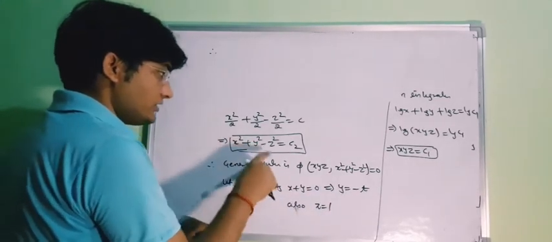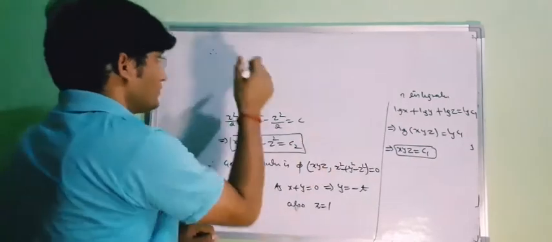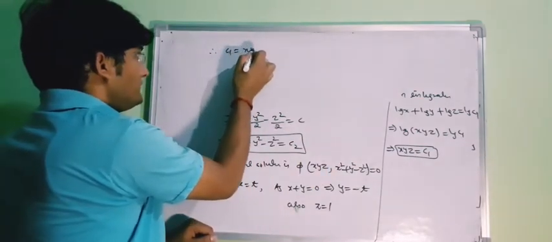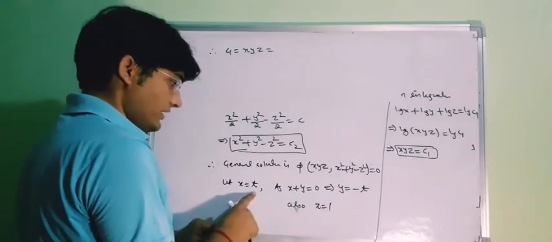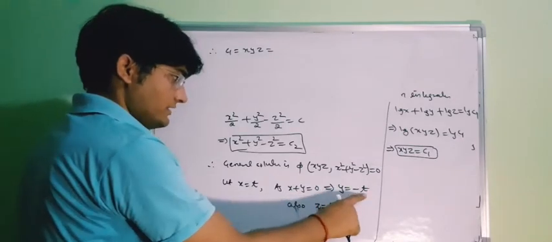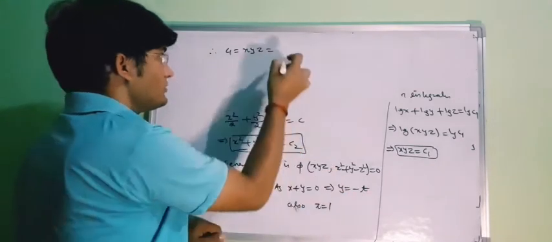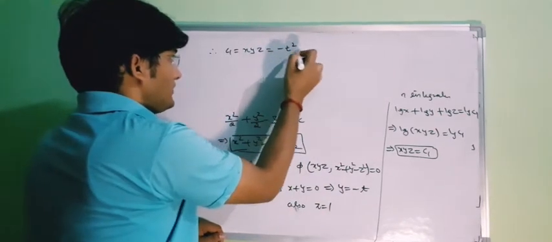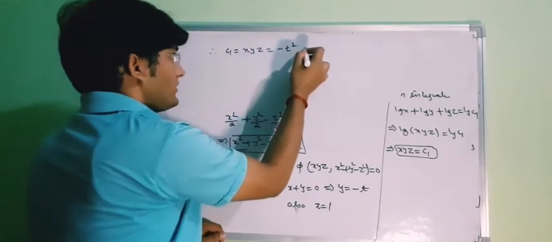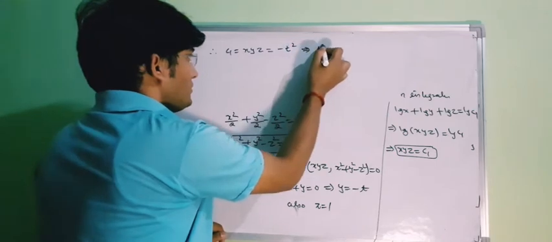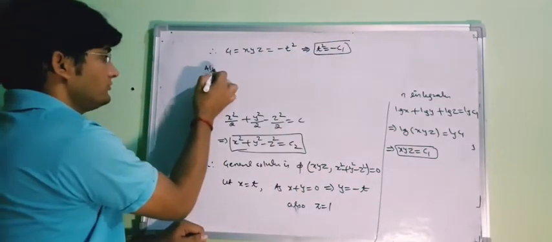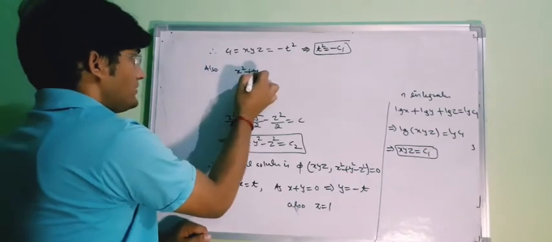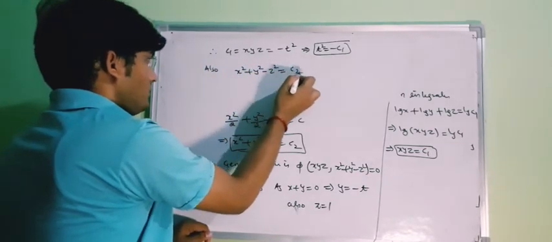Now put these values in c1 and c2. So your c1 will be x into y into z. So this will be x, that means t, y is minus t, and z is 1. So this will be minus t square. That means c1 equal to minus t square, or you can say t square equal to minus c1. Also x square plus y square minus z square equal to c2.